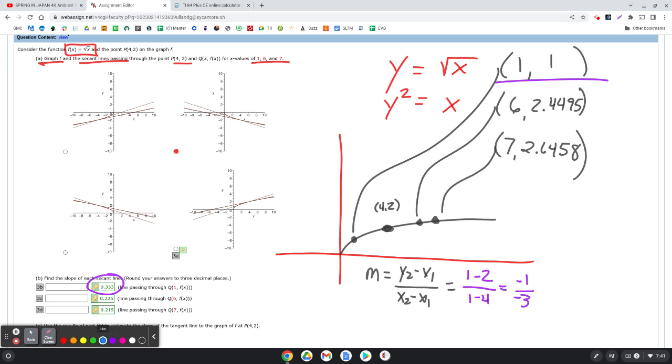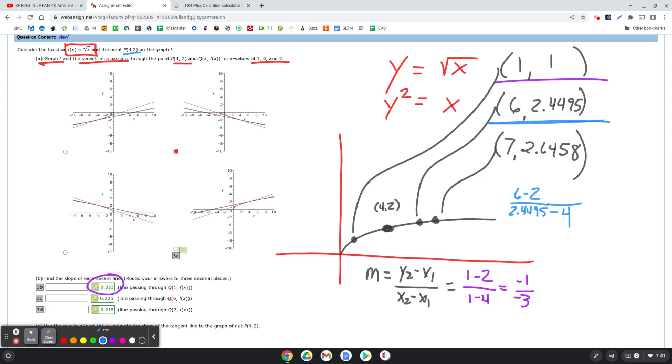Okay? For this one right here, it would be 6 minus 2 over 2.4495 minus 4. Okay, we're using this point and this point.